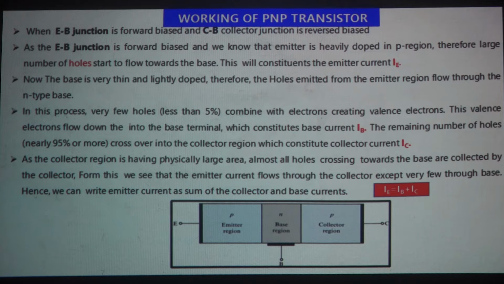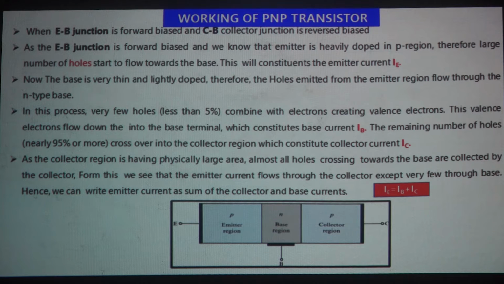Now as the emitter base junction is forward biased, and we know that the emitter is heavily doped in the P region, where the majority charge carriers are holes, a large number of holes start to flow towards the base, and this constitutes the emitter current IE.